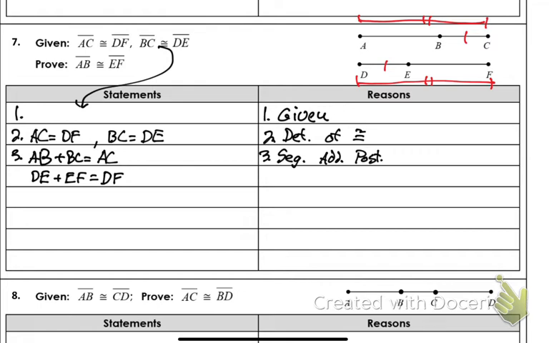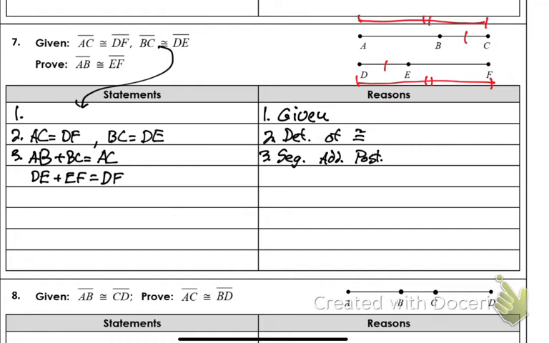So you can either write them as 2 individual lines like I did here and just have one number. You can put them all on one line, or you can actually number this as a 4 and then write a 4 here and rewrite that statement. I'm just going to keep myself organized. I'm just going to put 3 includes both of these steps, so 3 goes there. Does that answer your question? Okay, cool.